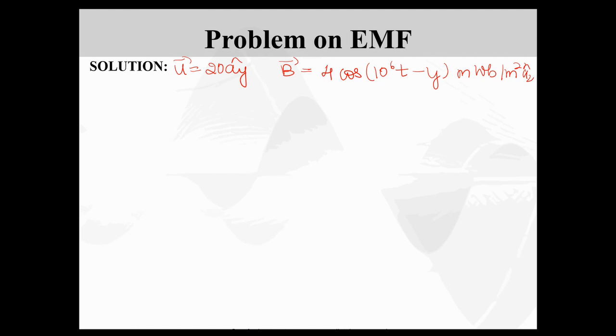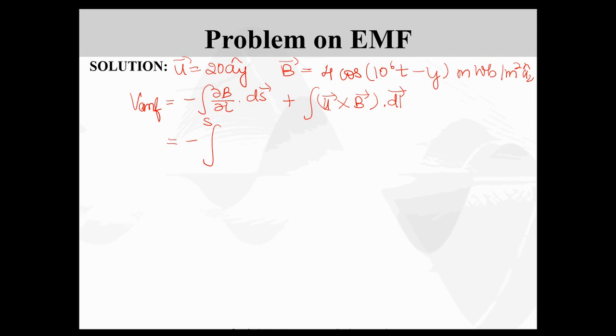From the expression of the combined EMF, V EMF can be written as minus del B by del t dot ds, which is the surface integration, plus, as I said, the Lenz law will be taken care of by the cross product, so it is u cross B dot dl. So it is written like this. So how to find this? Let us substitute here. So del B by del t, the differentiation should be with respect to time.